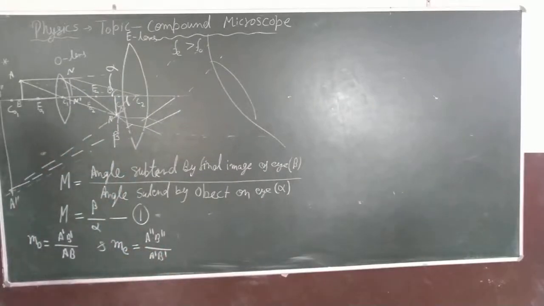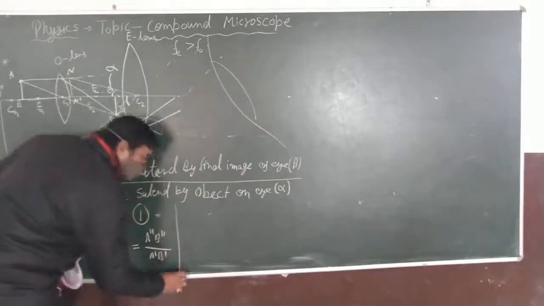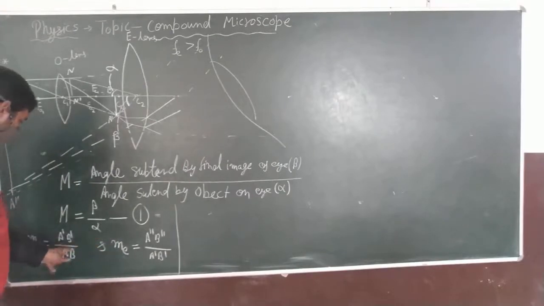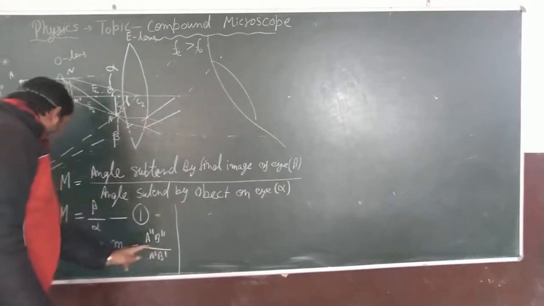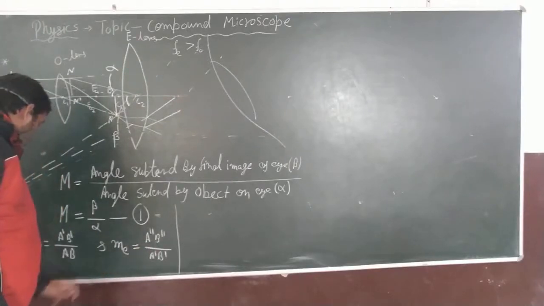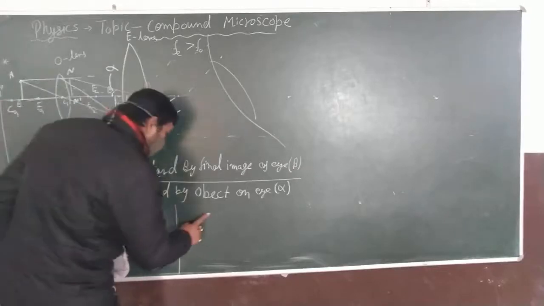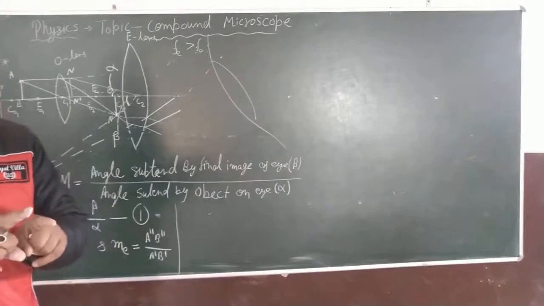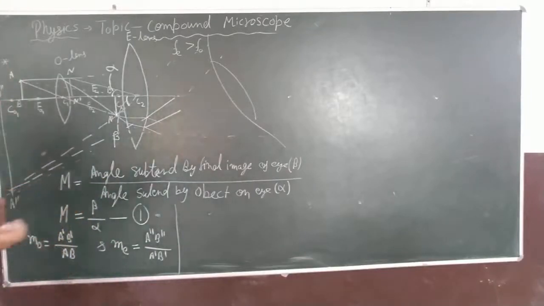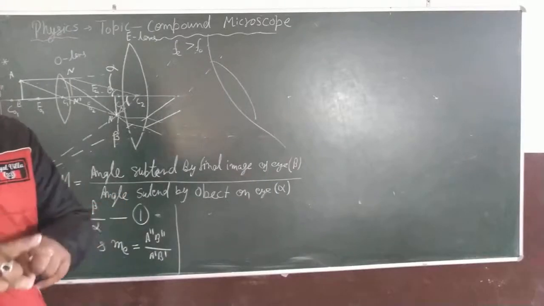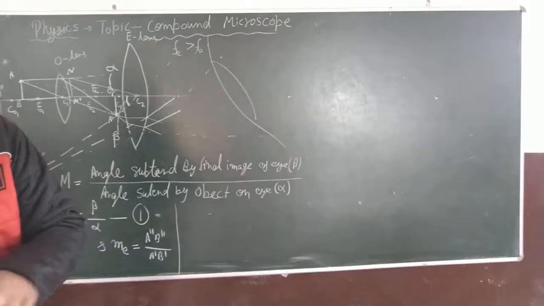Now, as we discussed at the time of combination of lenses, the magnifying power of a combination is the product of the magnifying powers of each lens.